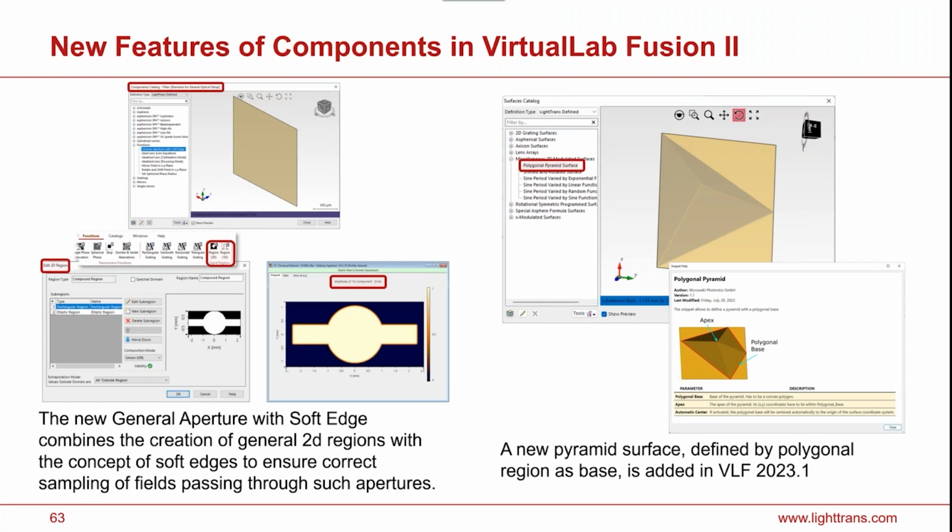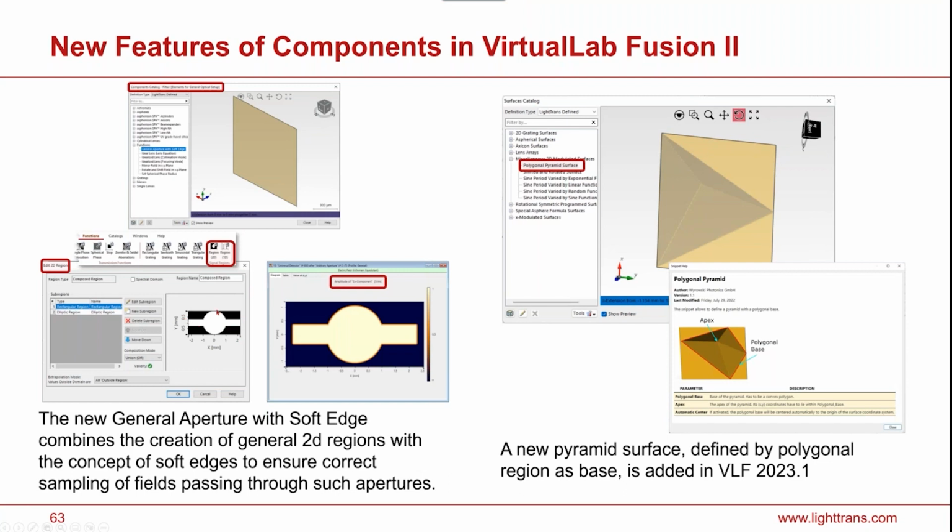But if you would like to have very general apertures, like here as an example, then you define a region by our region concept, which will also become more prominent in future. You define a region where you have maybe an aperture, maybe a region where you put a grating in, for example, for a light guide in an AR device.